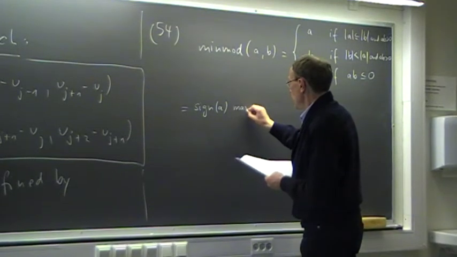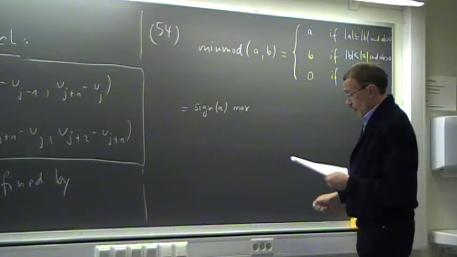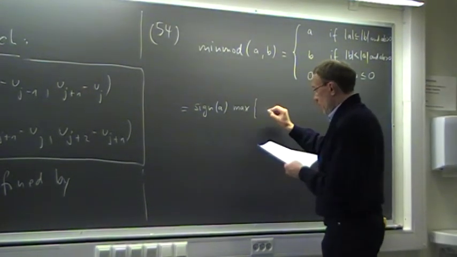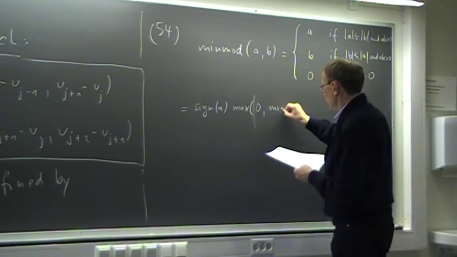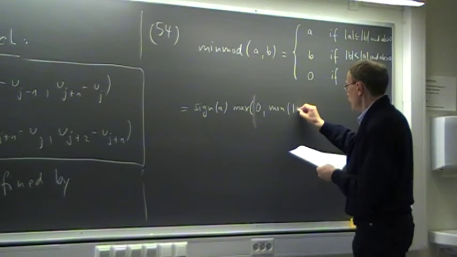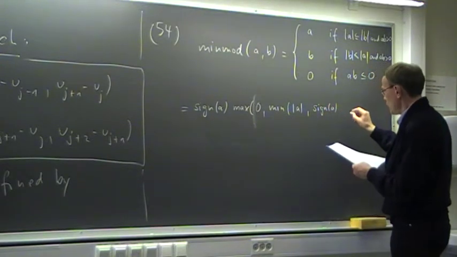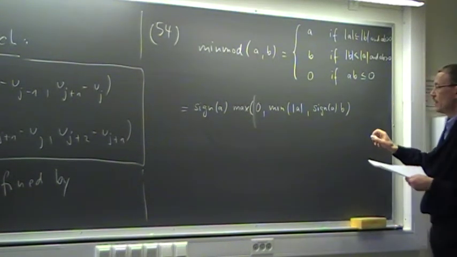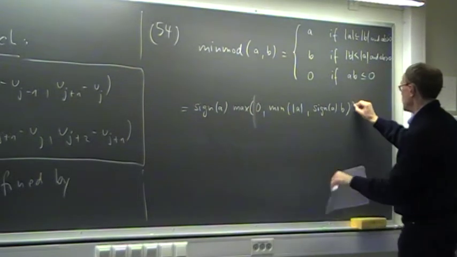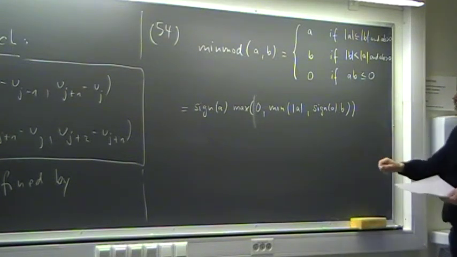We take the sign of a, that is a MATLAB function, and then we take the maximum of 0 and the minimum of the absolute value of a and the sign of a times b. So the minimum of those is taken, and then the maximum of 0 and this guy is taken. That is the one that we are going to give you in exercise 9.